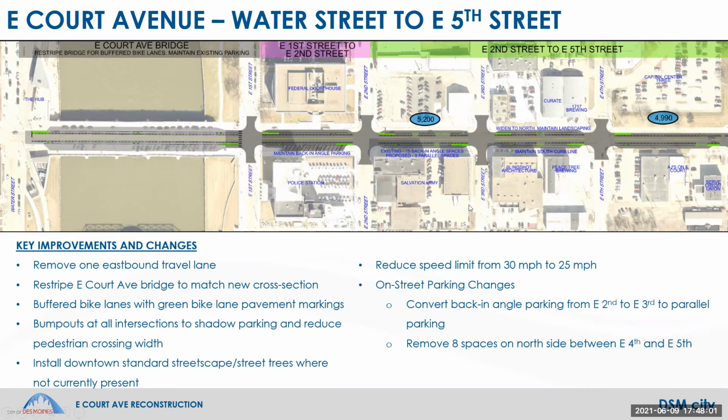One of the biggest things from the bridge over to East 7th is that we'll be reducing the speed limit from the currently posted 30 miles an hour to 25 miles per hour.